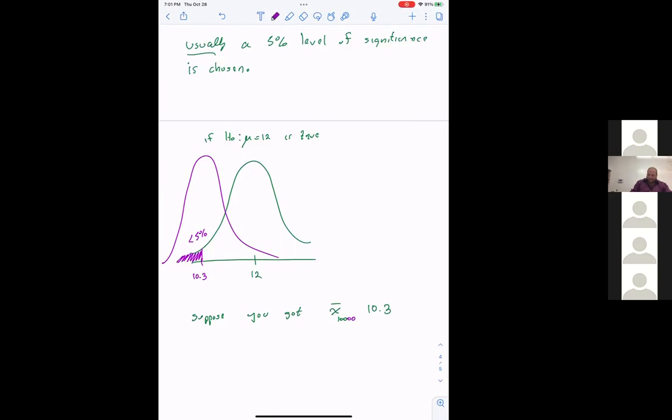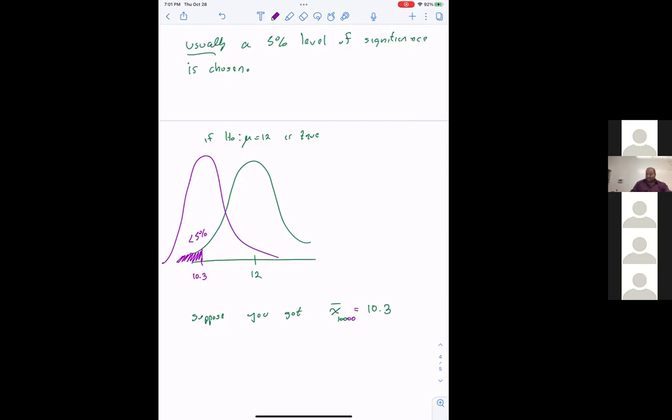If my average of 10,000 was 10.3, you would feel justified in walking in the subway and saying, listen, I did a test of significance and I'm suing you because you're lying to the public. I believe, based upon my test of significance, that the true value is really further to the left than what you claim.